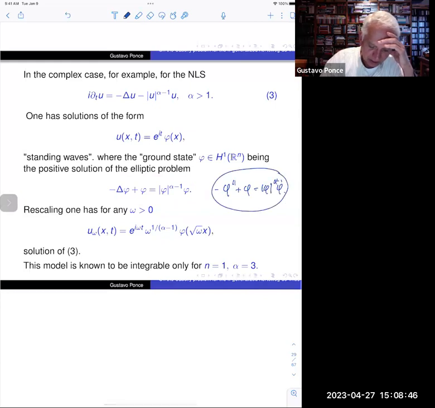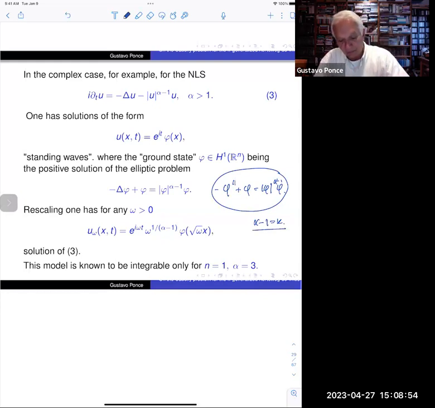It is the one we solve for the traveling wave if alpha minus 1 is equal to k. Then you don't have to impose positivity, because you're looking for something positive. This is the hyperbolic secant, and it appears in many, many problems. This is the elliptic problem that is behind all that.